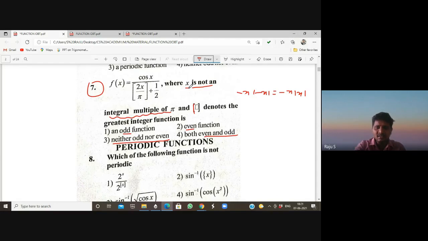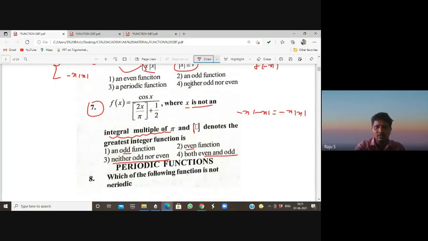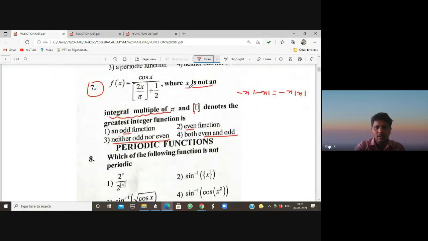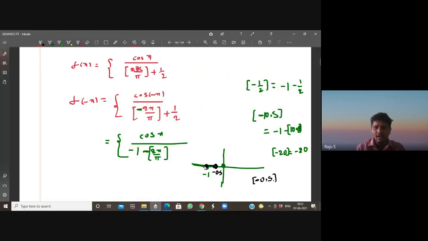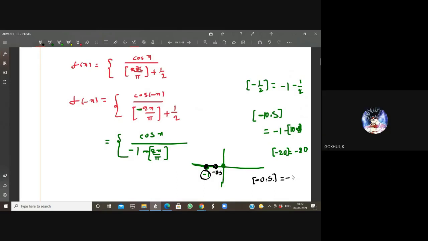Here we always get the integer part. What is the left side value? Minus 1. So the value we are going to get is minus 1.